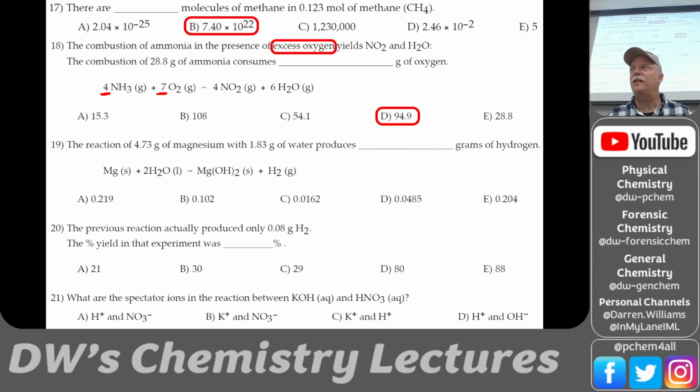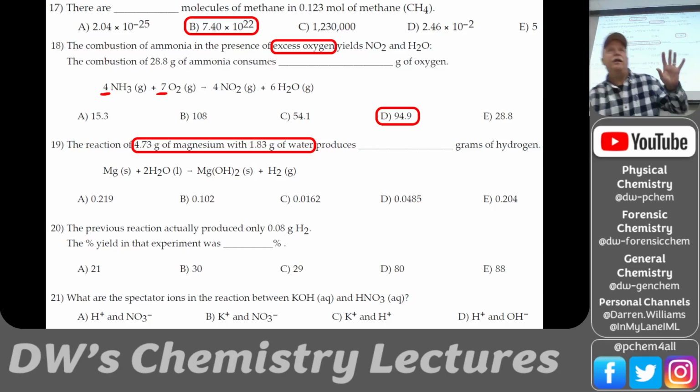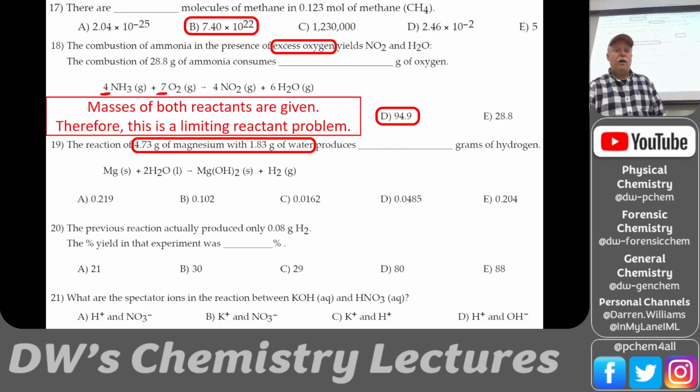That means I have a limiting reactant problem. So whenever I see a mass of both reactants, I don't know which one I'm going to run out of. So the way you do this is you just start with one and convert it all the way over to the other one to see if you have enough or if you have too much. So we're going to just start with magnesium and go all the way to water.